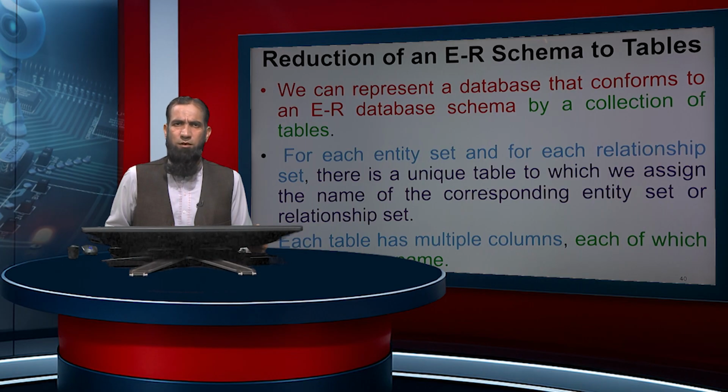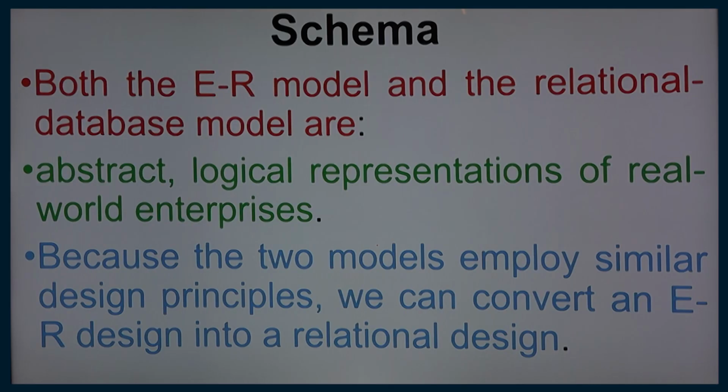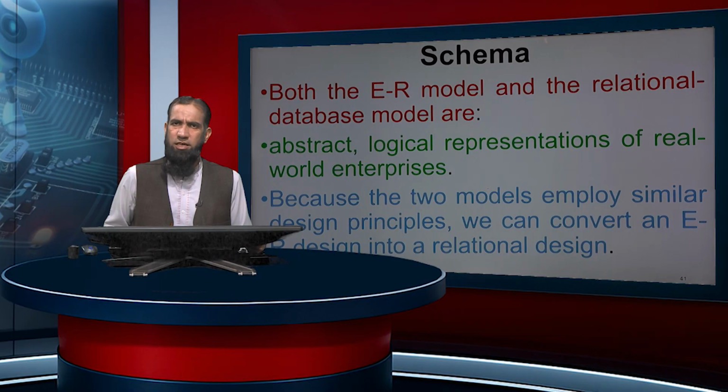This mapping from the ER model to relational tables is the key step in transforming our conceptual design into a working database. Both the entity relationship model and the relational database model are abstract and logical representations of real-world enterprises. They help us to describe how data is structured and how it is implemented.